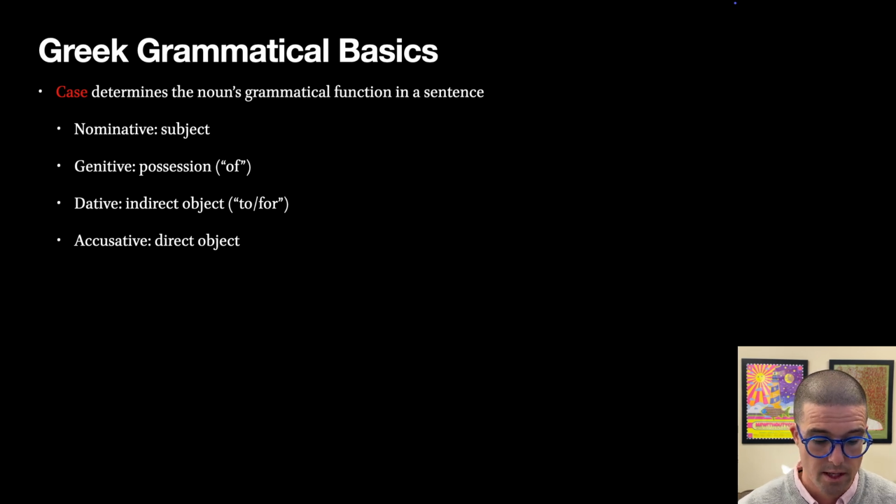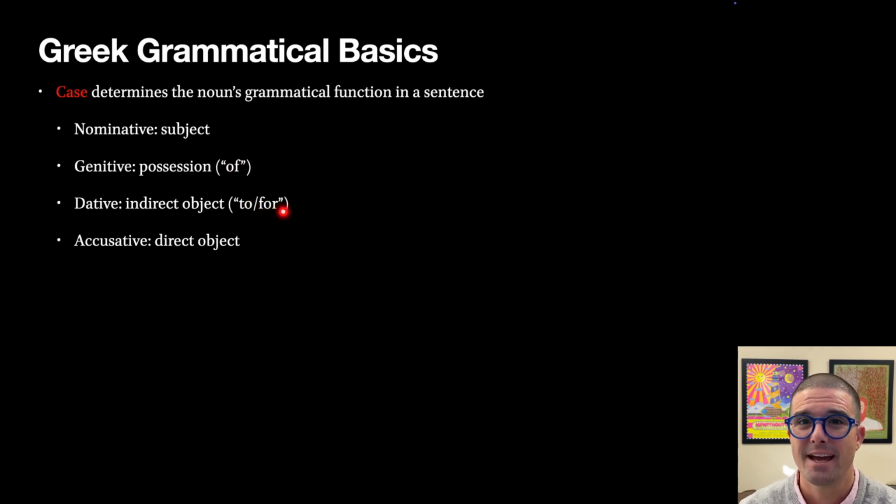Usually we're going to use the word of when it comes to our English translation of the Greek genitive. It usually shows possession, but the genitive can do other things. It sort of describes a relationship between two words, between a noun and something else. So possession is our go-to translation for the genitive. So of is what we'll normally use, but as we'll see later on, this is a little bit more complicated than I suggest here.